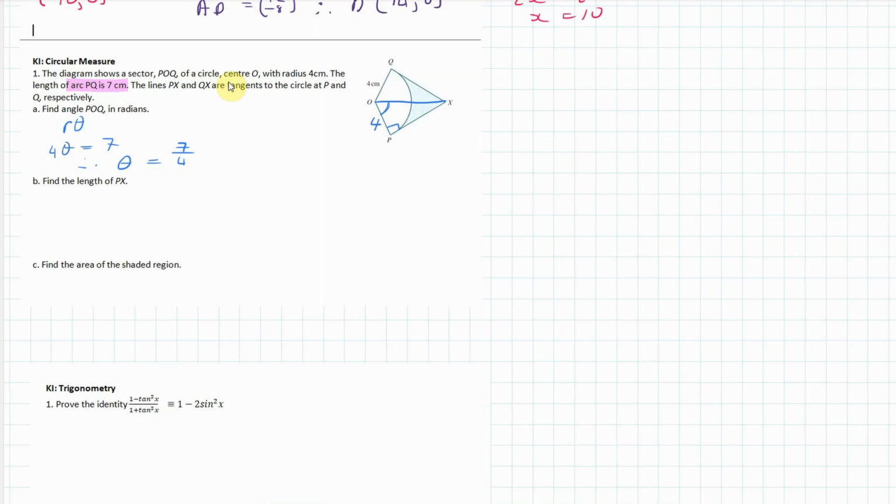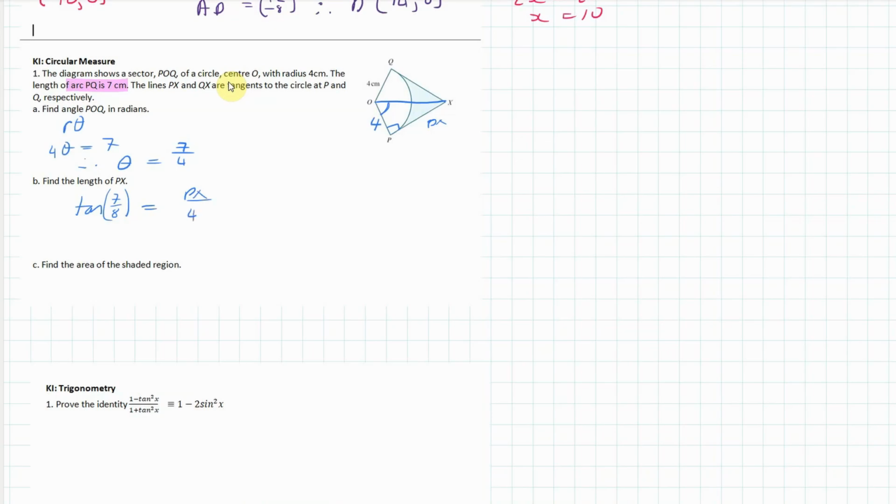So we've got an opposite and an adjacent, so tan 7/8, now we want to be set to radians here, is equal to PX, which we want to know, over 4.